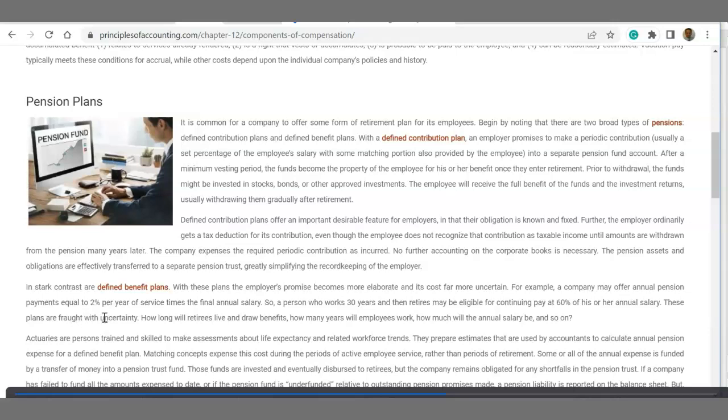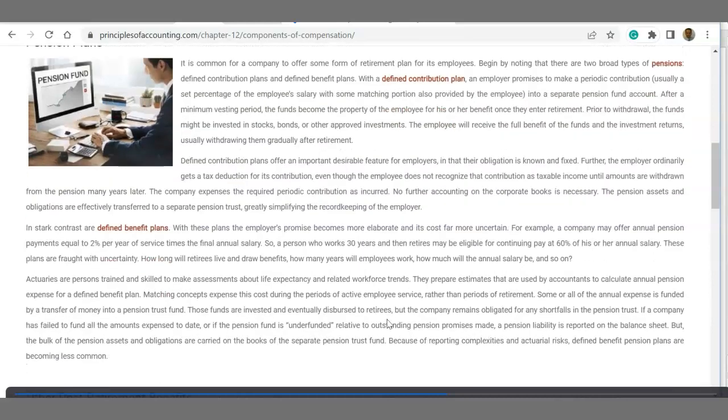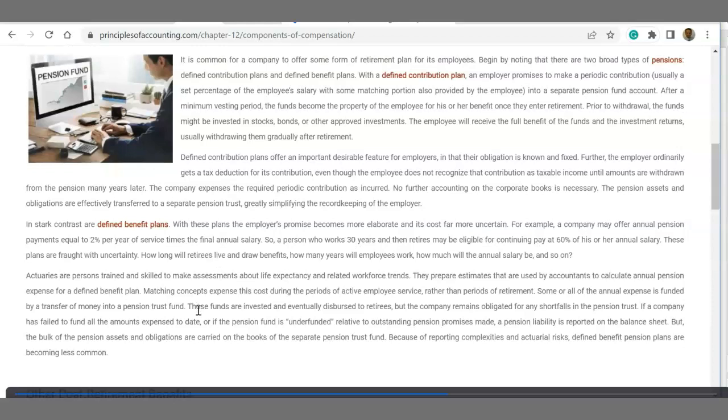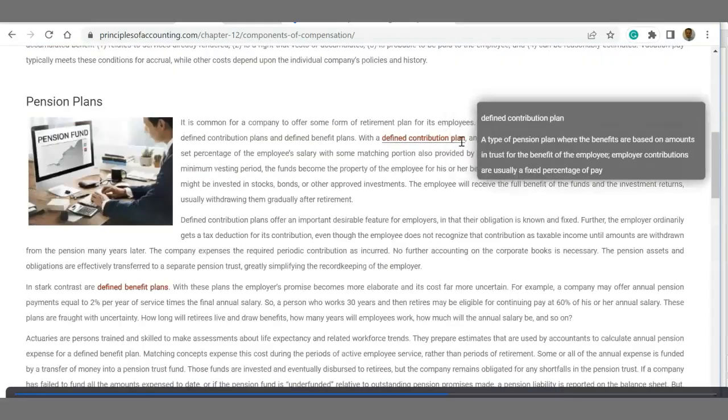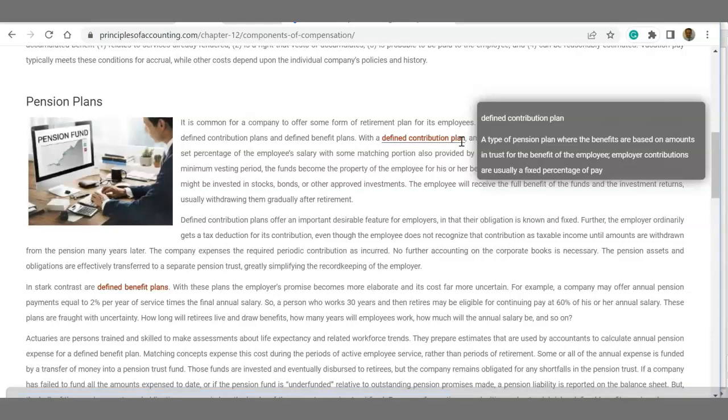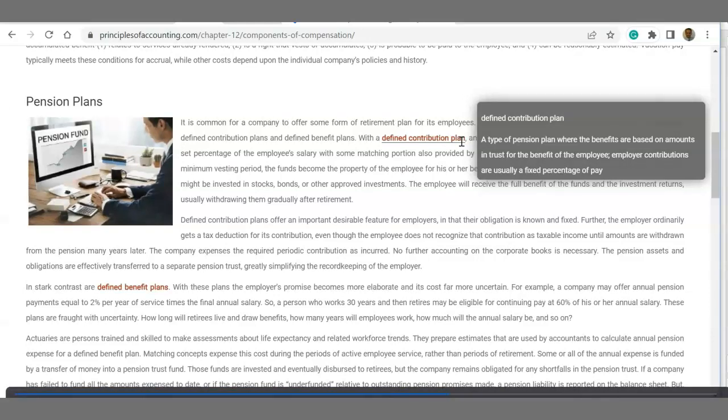These plans are very good for employees, but it's unknown for employers how much they need to come up with at the end of the year, because they don't know exactly when they're going to retire every single employee. But in the defined contribution plan, the employer already knows what type of cost he's going to have on a monthly basis, because they are contributing to that plan.